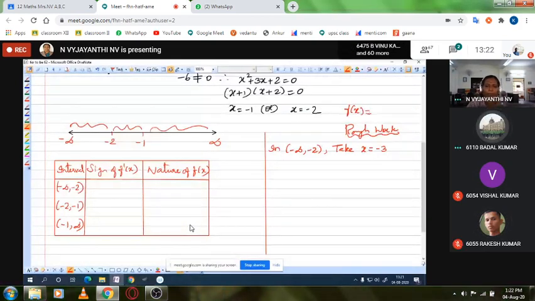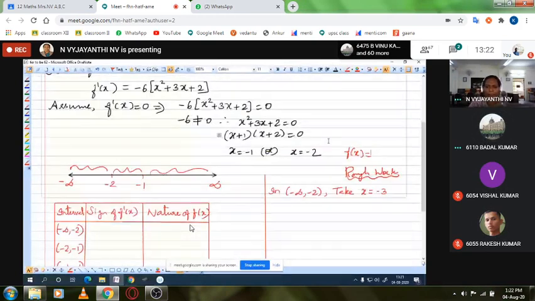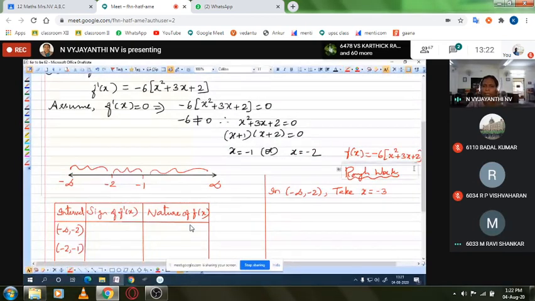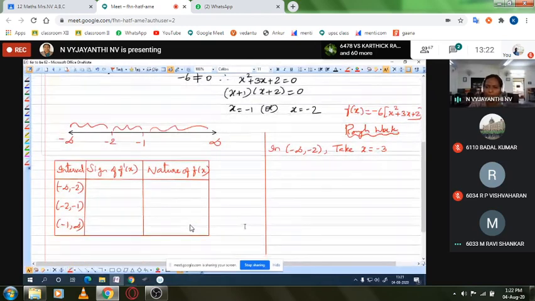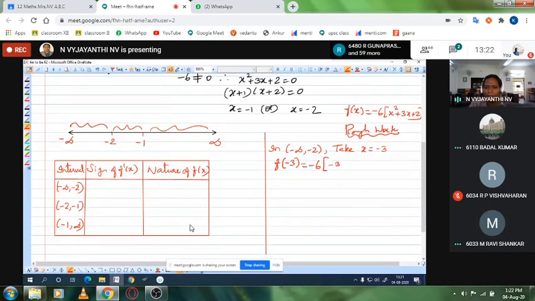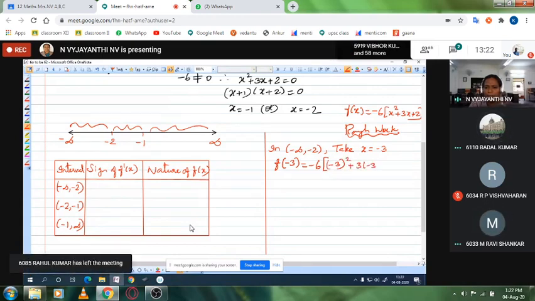Take f dash of x as minus 6 into x square plus 3x plus 2. So what will be f dash of minus 3 now? f dash of minus 3 is minus 6 into minus 3 the whole square plus 3 into minus 3 plus 2.